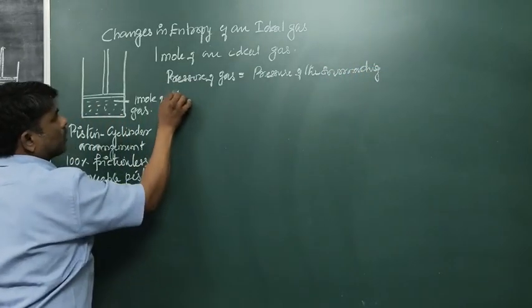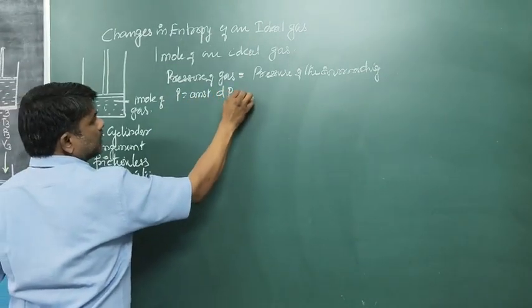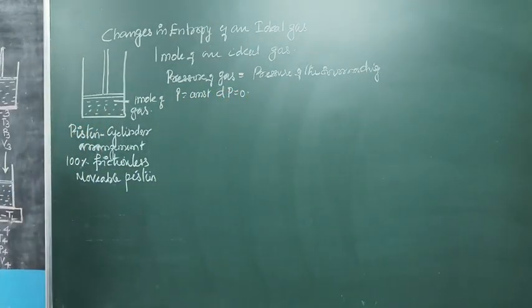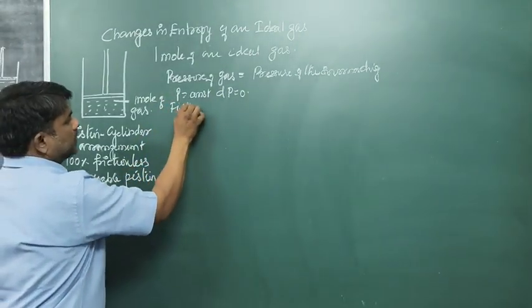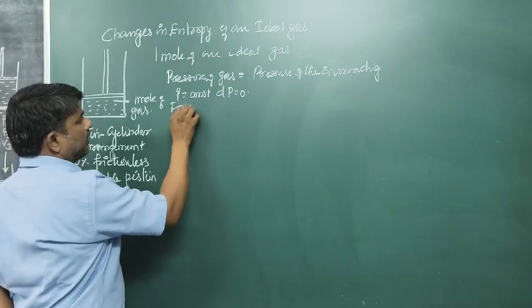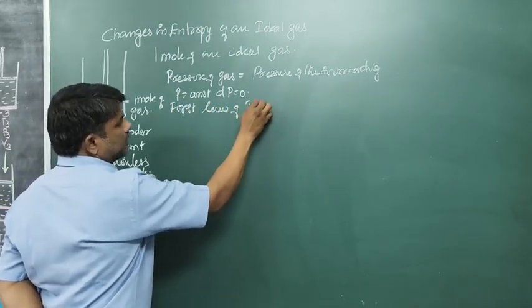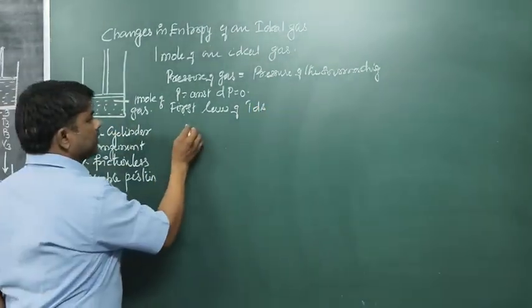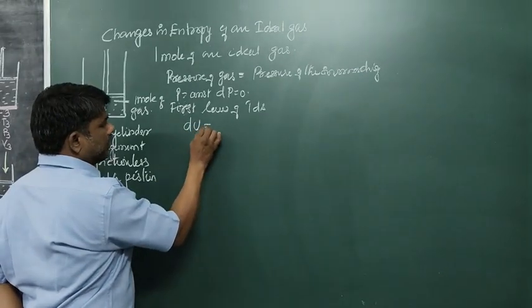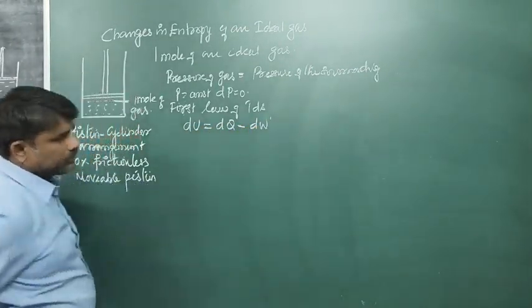Hence pressure is constant. Change in pressure is equal to 0. Now the first law of thermodynamics says there is a relationship between the differential properties: internal energy, heat content and work done.